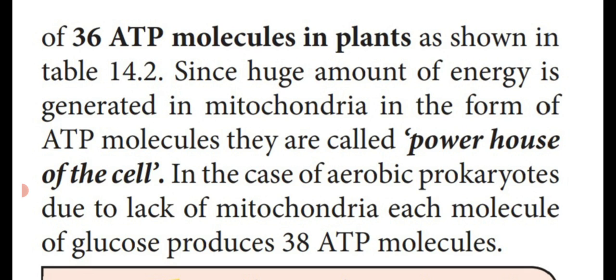Dear students, this is an important 2 mark question: why is mitochondria known as the powerhouse of a cell? The energy produced in aerobic respiration is stored in the form of ATP molecules in mitochondria, so mitochondria is known as the powerhouse of a cell.